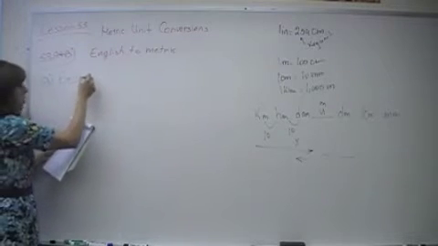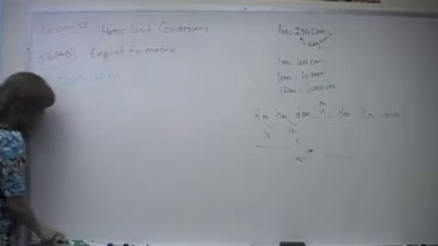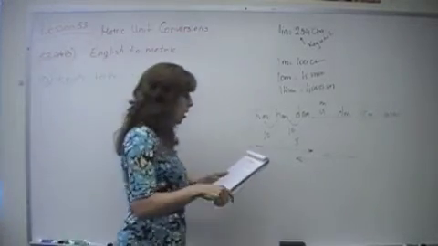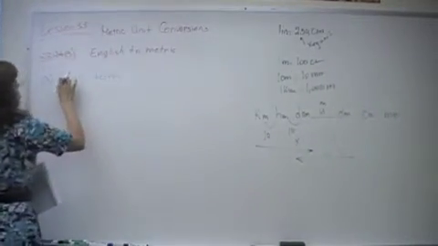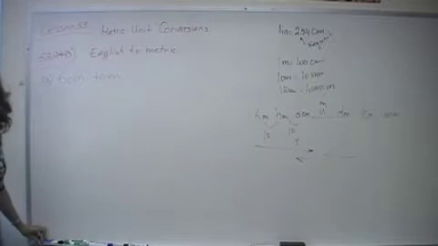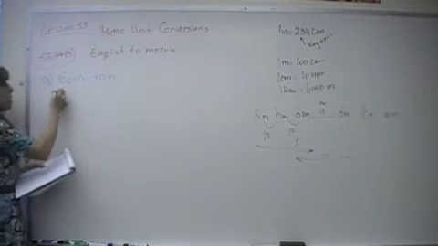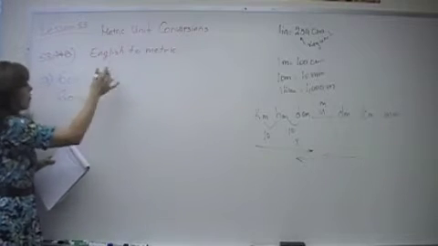60 inches, we need to convert it to meters. So we have to have a plan, the conversion factors to go from inches to meters. So here we go, 60 inches. We're gonna multiply it. Let's have the plan first.